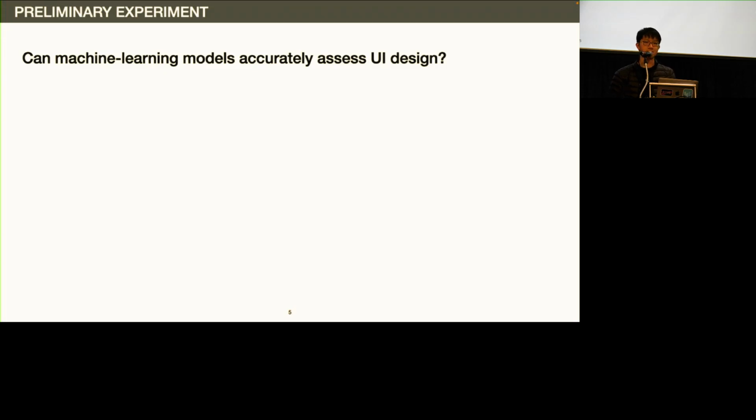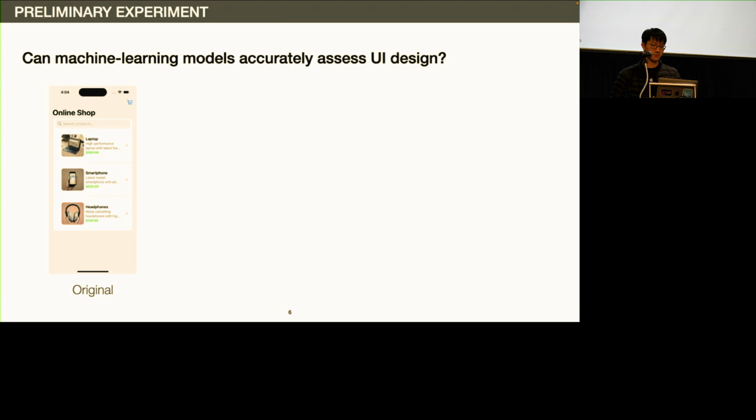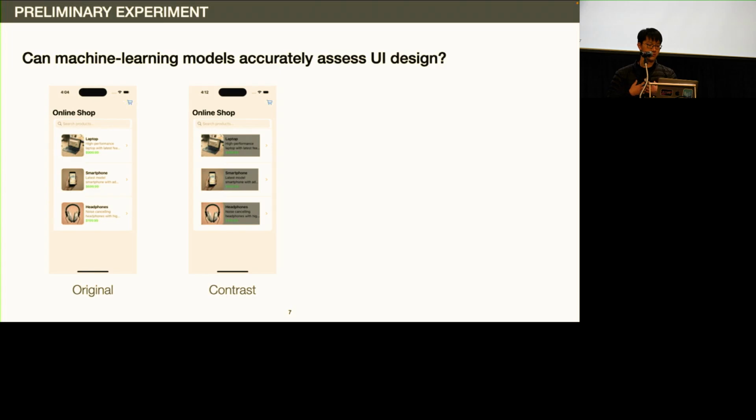So how well do existing models do at this task? To find out, we came up with a small experiment to try and measure the design proficiency of ML models. First, we manually wrote code to implement a simple app, in this case, a shopping app. Since we wrote the code for that app, we can tweak it to intentionally create several suboptimal versions of it.